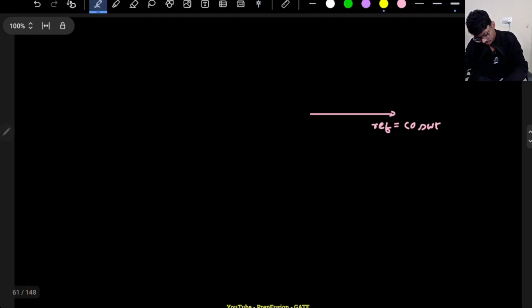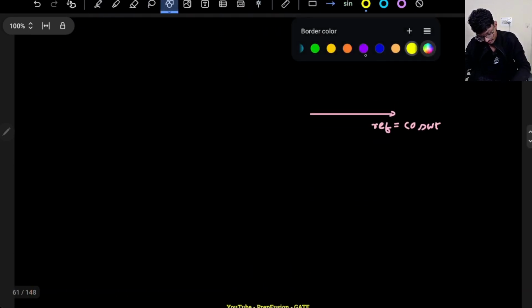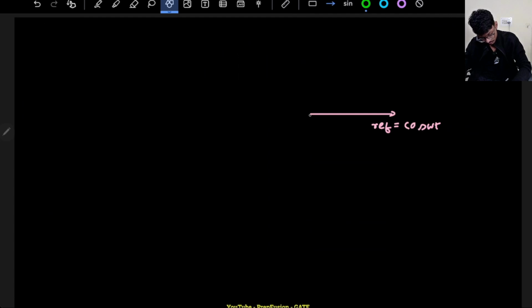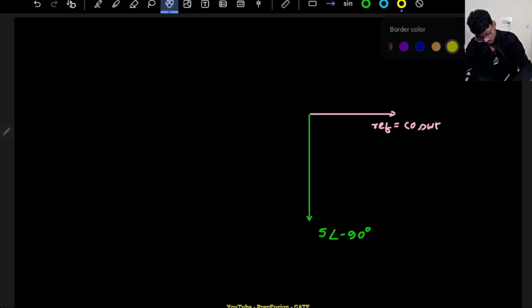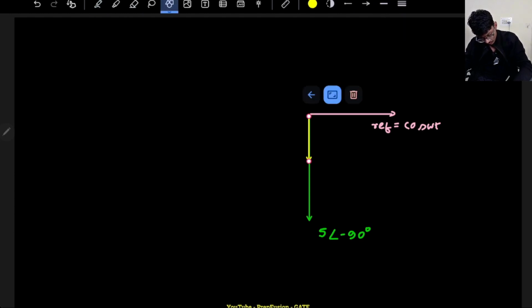So the voltage will have an amplitude of 5 angle minus 90, and the current will have an amplitude of 1 angle minus 90.